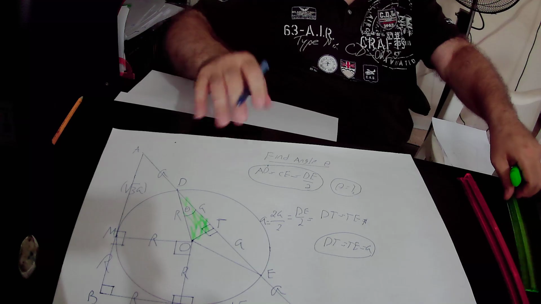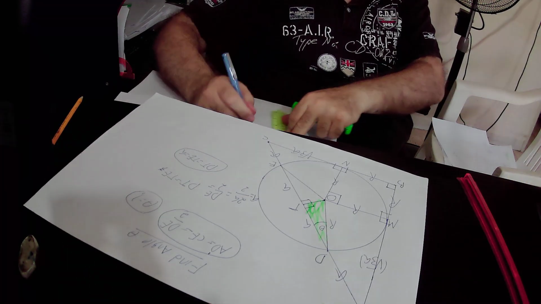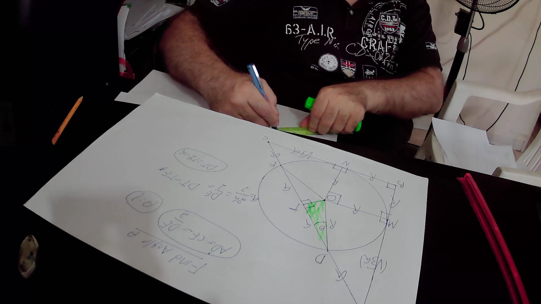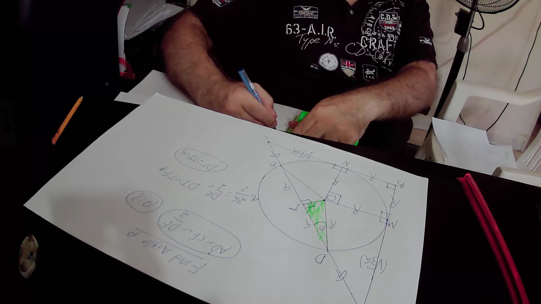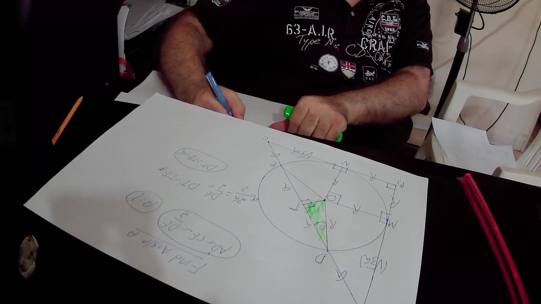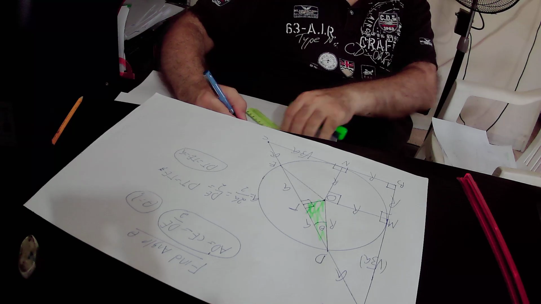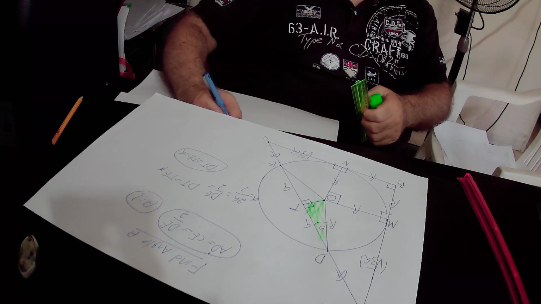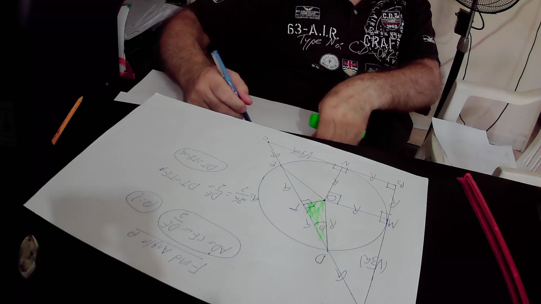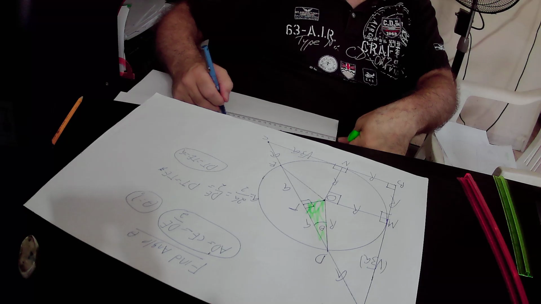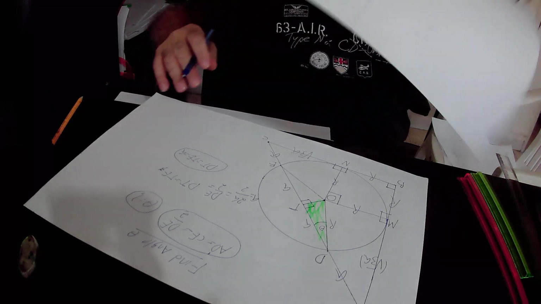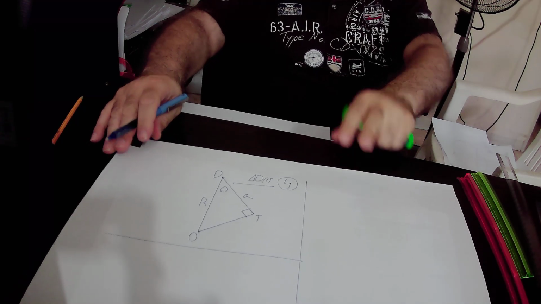We have triangle DOT. So this is the right green triangle, triangle DOT, that I copied from the original drawing.